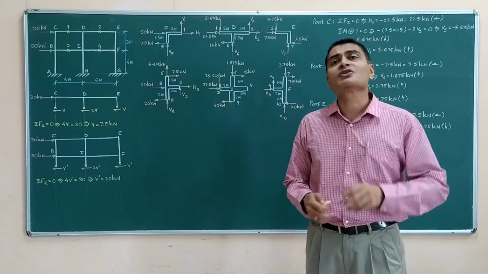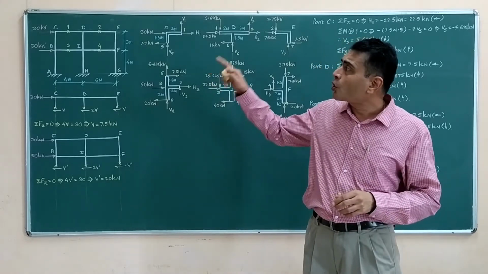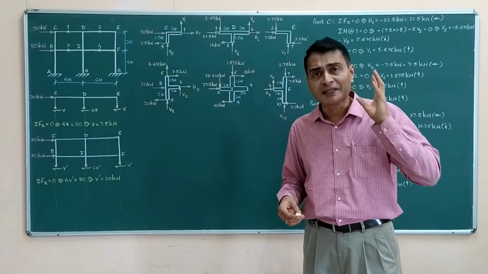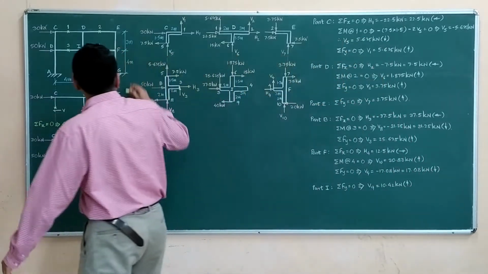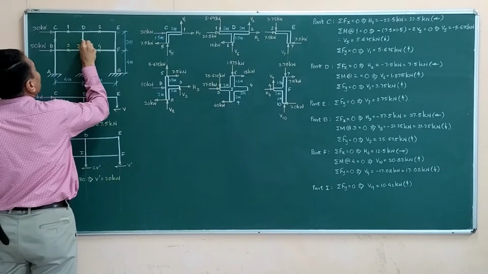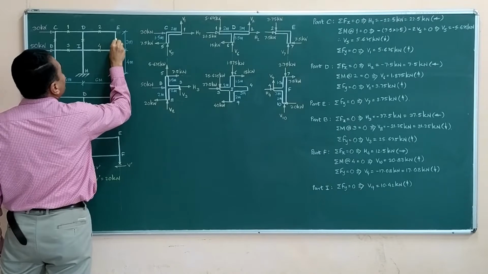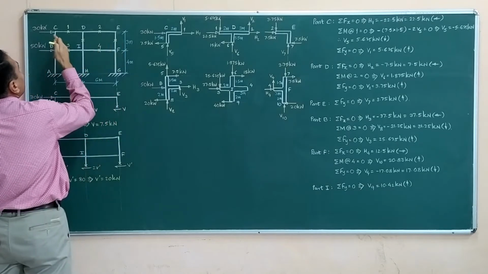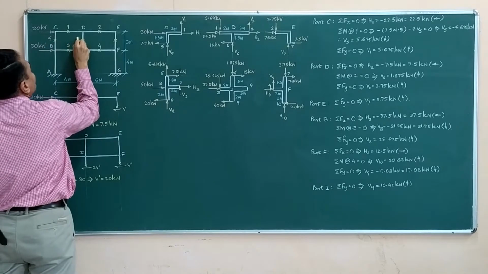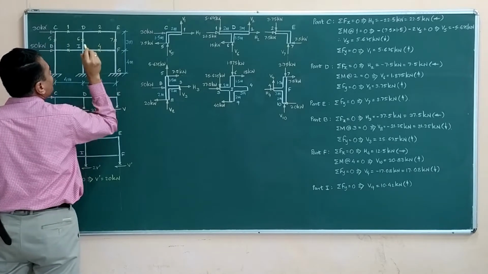Similarly, our second assumption is that all the columns have their points of contraflexure at mid height. So this is 3 meters, exactly at 1.5 meters and 1.5 meters. I am marking points of contraflexure in 3 columns. Let me number these as 5, 6, 7.